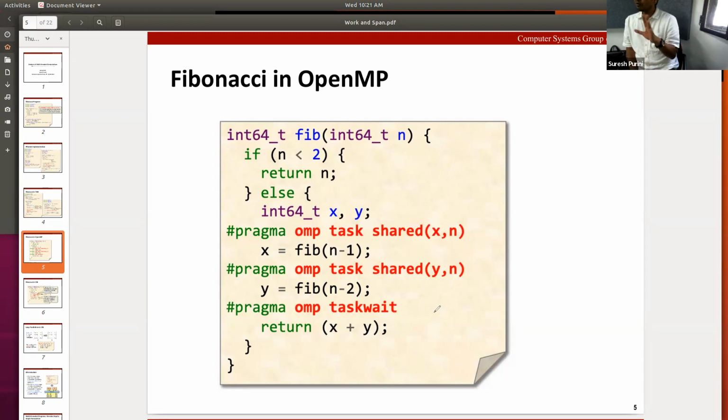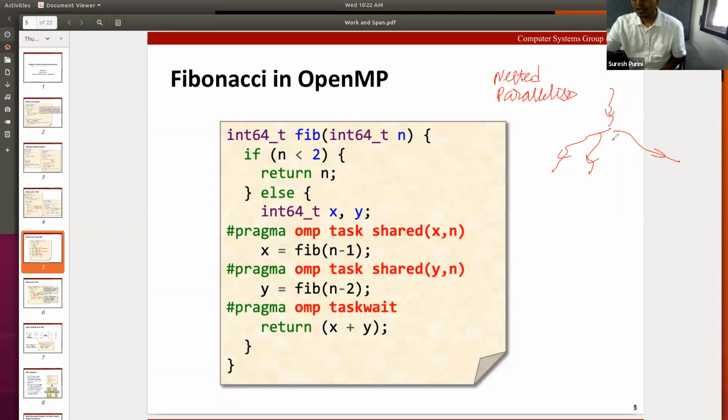One thing that I would like you to look at, which we didn't quite discuss well in the class, is what is called nested parallelism. For example, there is one thread which spawns multiple threads, and you in turn call another function, and this one again spawns multiple threads.